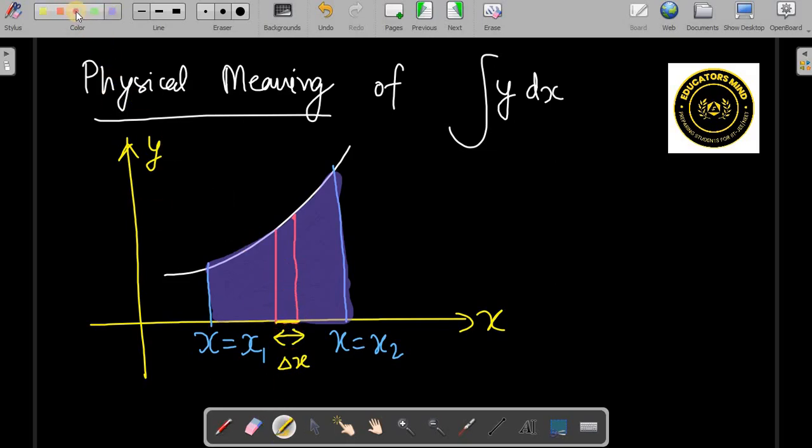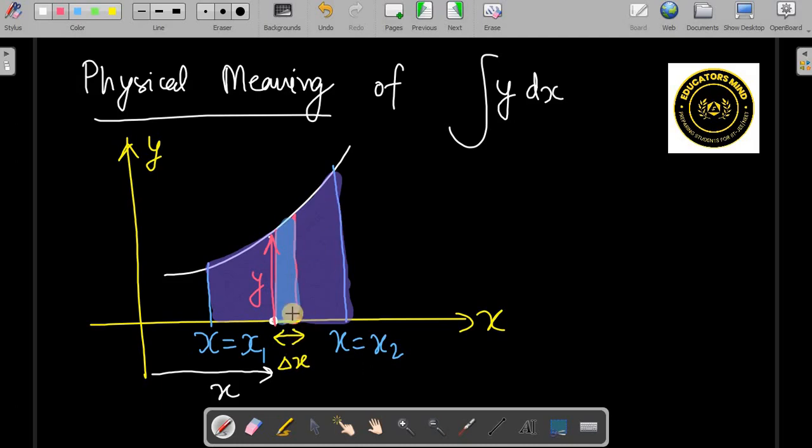The thickness of this strip along the x-axis is delta x, and this is some general value of y, because this point you can take as x, and then this value will be your y.